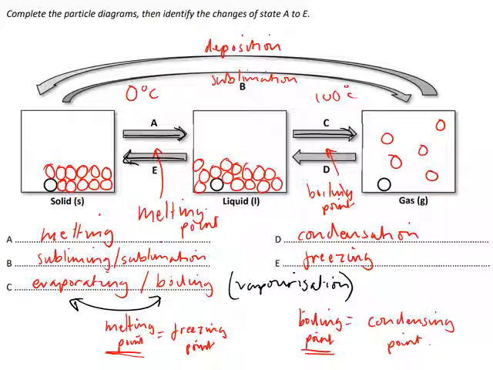They are slightly different, but we use them interchangeably when in fact they're not. So when substances go from gas to liquid, that again, that's its boiling point, and that is called condensation. Now B, going from solid to gas, that is called sublimation, and iodine does that very, very well.